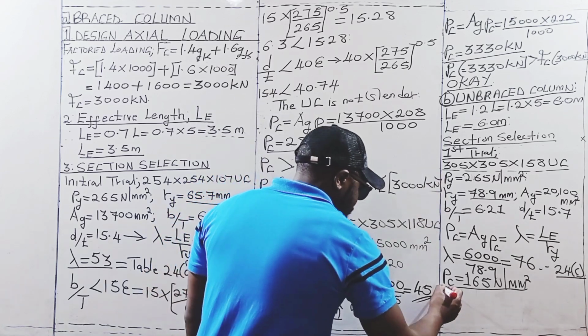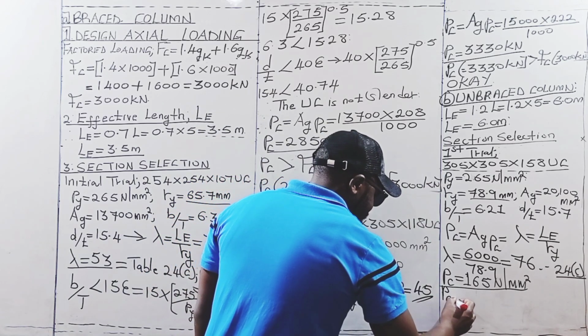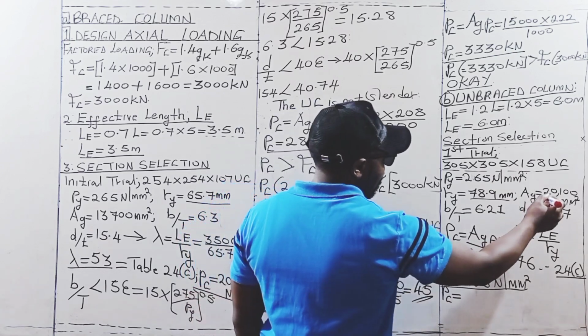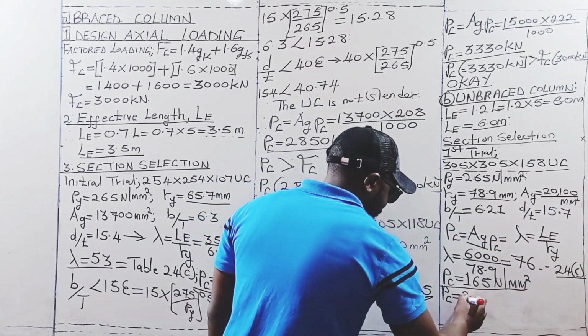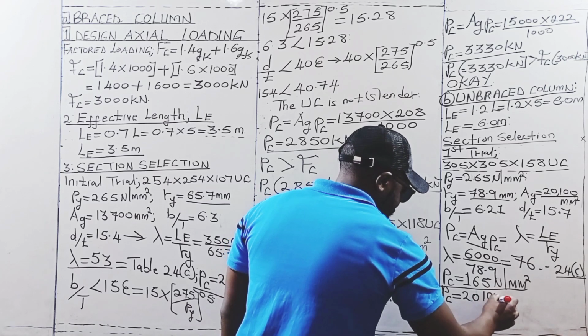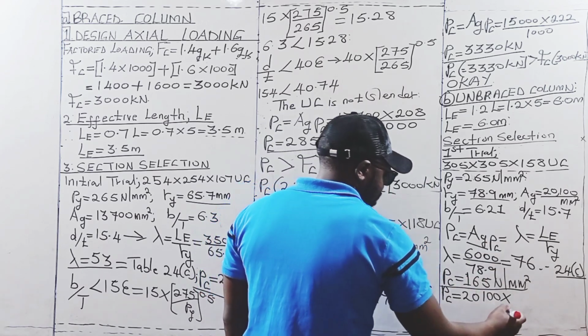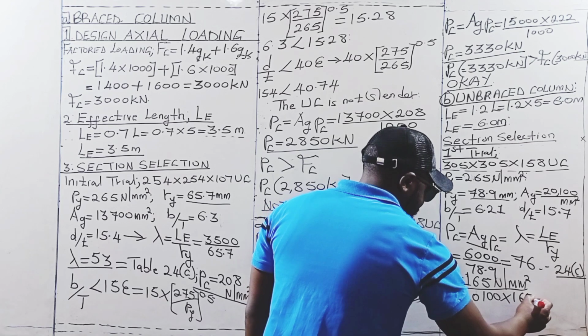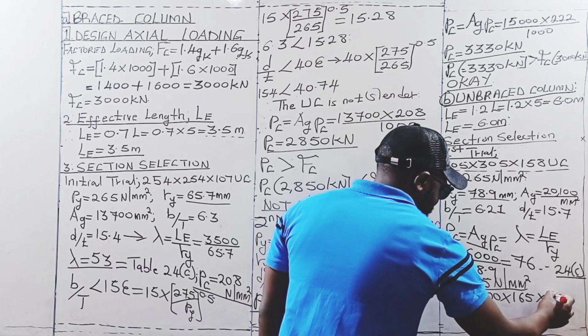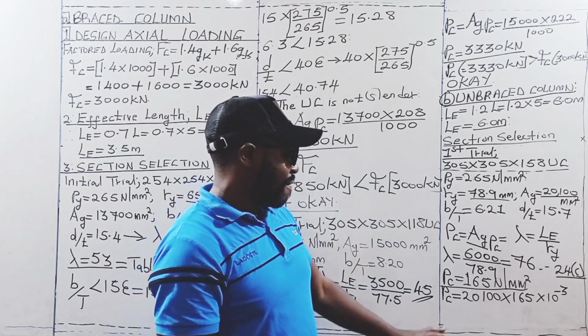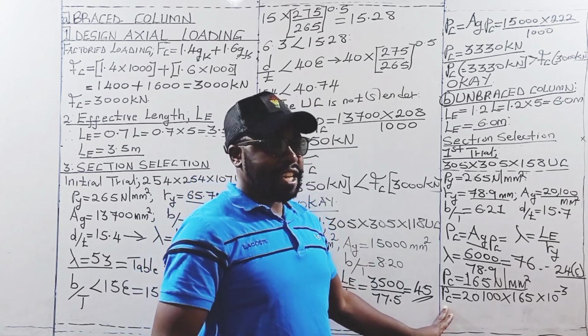Therefore, the compression resistance will now be given by the gross cross-sectional area of the section, which is 20,100, multiplied by the compressive strength, which is 165, and then we divide by 1,000, which is the same as 10 raised to the power of -3, for us to get the Pc in kilonewtons.